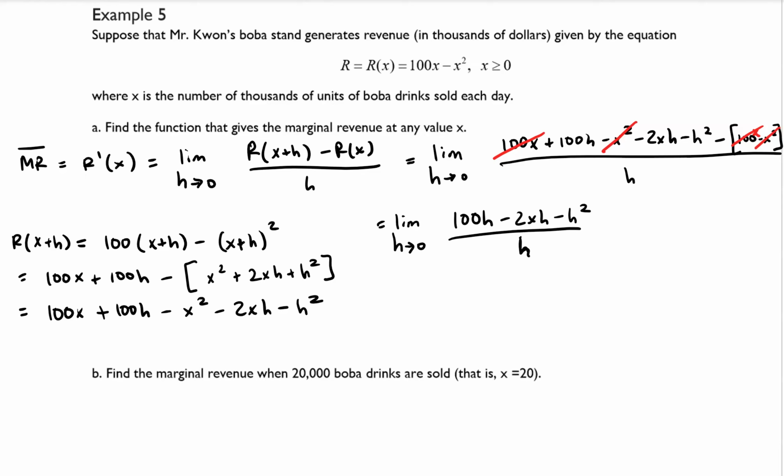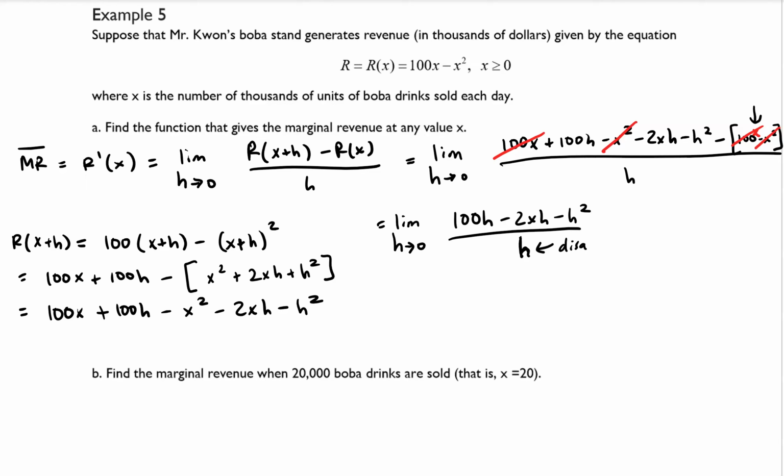Now, I'm going to give you a tip or a hint. I knew that I made a mistake earlier and did not include this x because whenever you're calculating the derivative using the limit definition like this, you're always going to be in a situation where this h needs to disappear. And the only way that's going to happen is if every term in the numerator has an h. And so if you're left with something like plus 100x, that doesn't have an h in it, and so that's not going to make the denominator disappear.